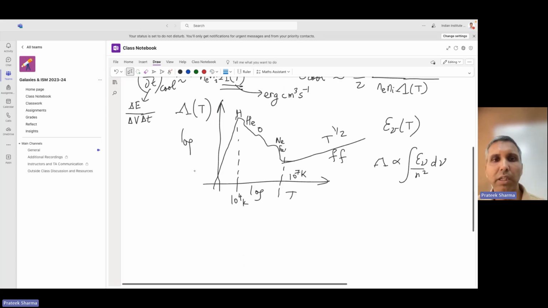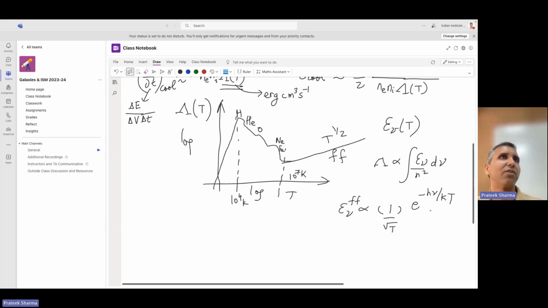If you recall, the epsilon nu for free-free was proportional to a very weak nu dependence from the Gaunt factor, and then e to the minus h nu by kT, and there was a 1 over square root of T.